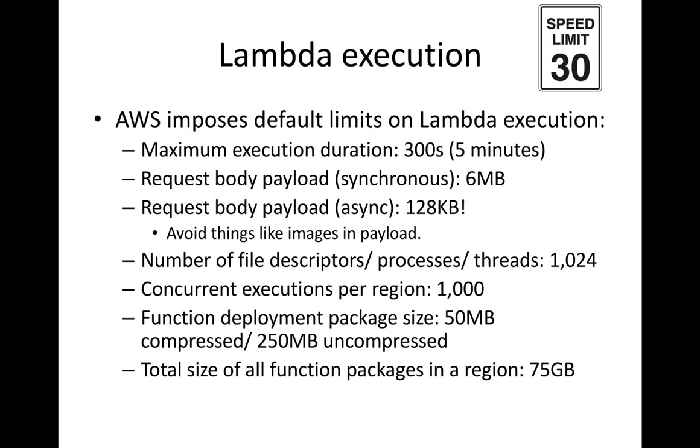For a long time, it used to be just 5 minutes, but it's much longer now. The request body payload is 6 MB. The number of concurrent executions per region is 1,000, meaning that by default you can invoke up to 1,000 Lambda functions concurrently in any given region.